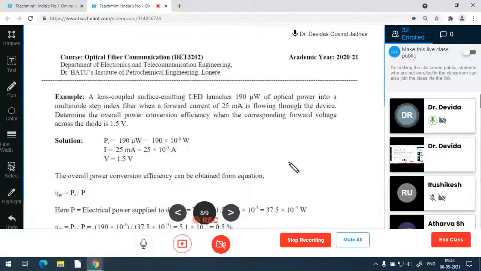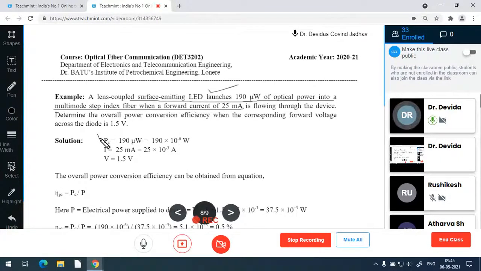Now the next numerical problem. The lens coupled surface emitting LED launches 190 microwatt of optical power into a multimode step index fiber when a forward current of 25 milliampere is there. So the LED launches 190 microwatt.